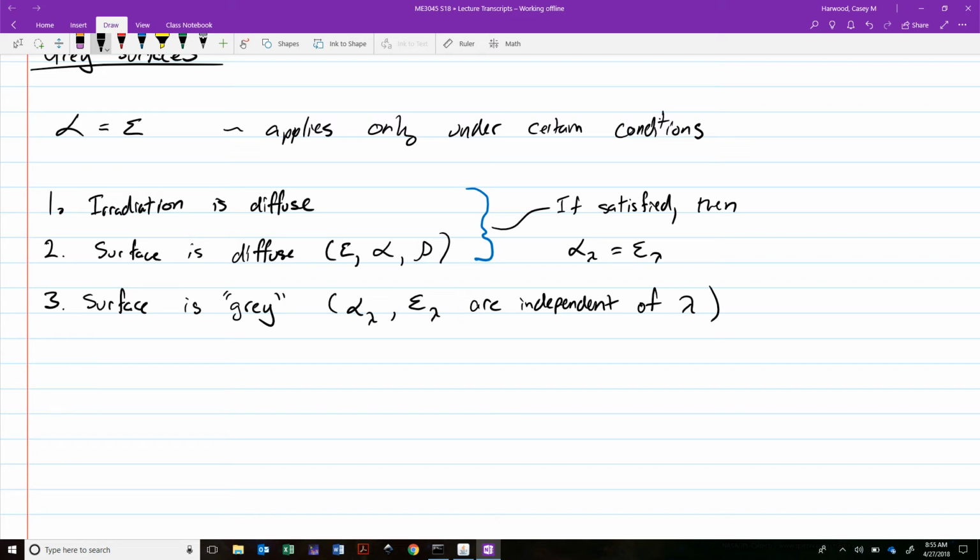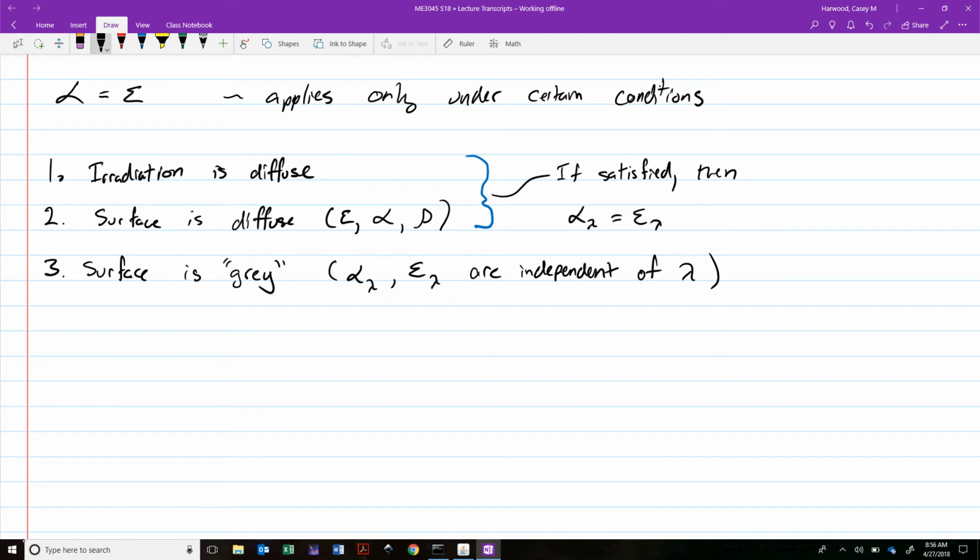All right? So satisfying 1 and 2 means that our two spectra are going to look the same. So what we have to do is ask, are those spectra basically just flat lines, uniform across all wavelengths?